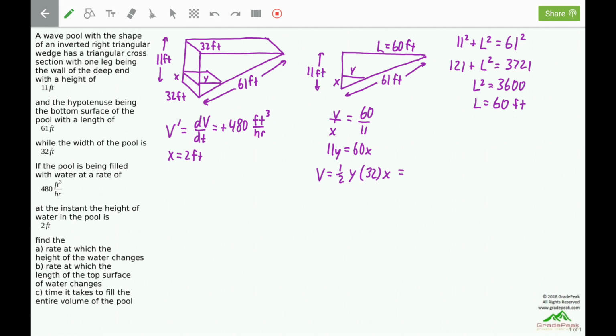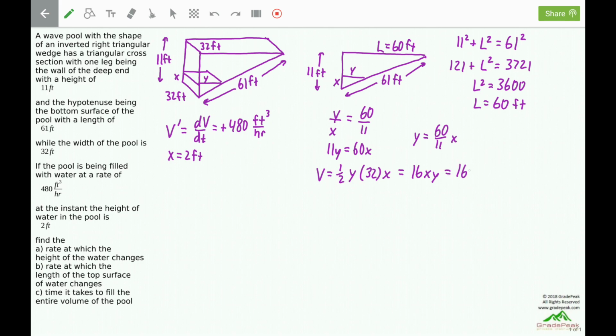We can simplify this by multiplying the 1/2 and the 32. That'll become 16. And then I'll write the x first and then the y. But we have a relation between x and y, and so we can solve for one in terms of the other and place it in here. So I have 11y equals 60x, and therefore y is 60 over 11 times x, and that can be placed in here.